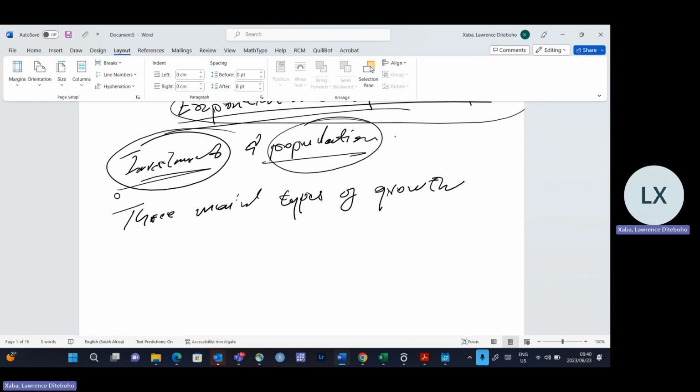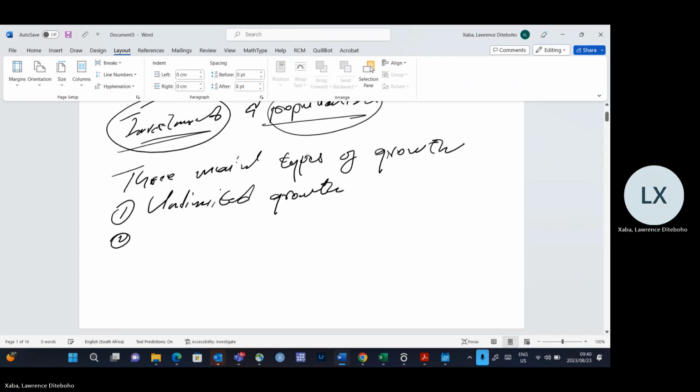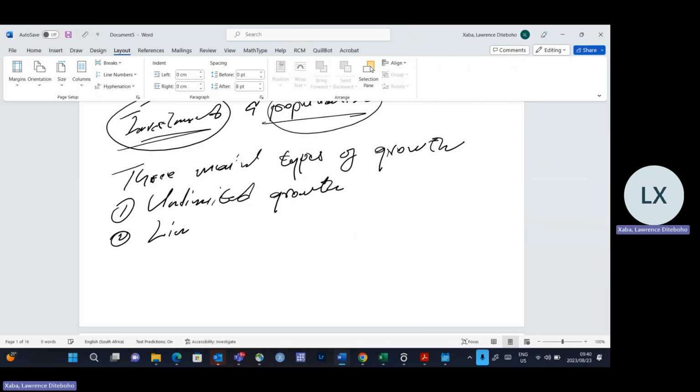We say that one, unlimited. Two, we have the limited one. Limited growth.